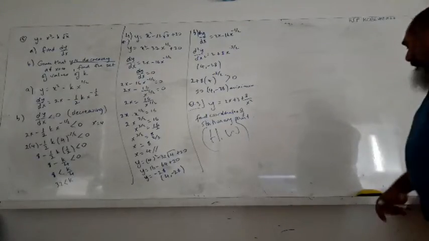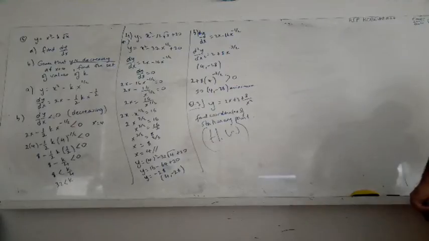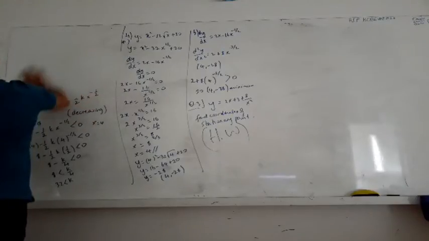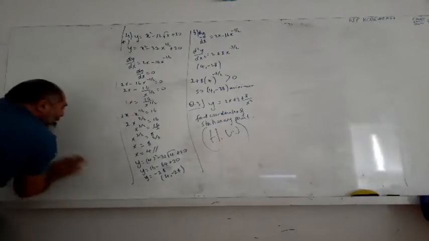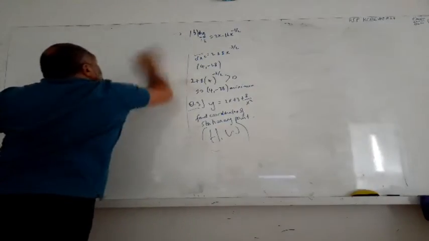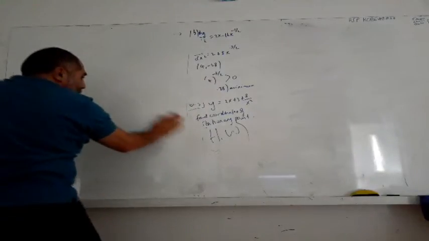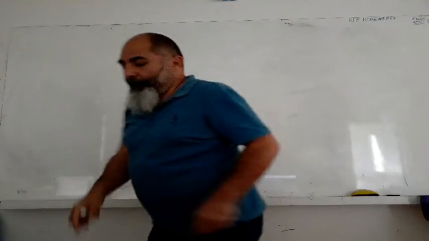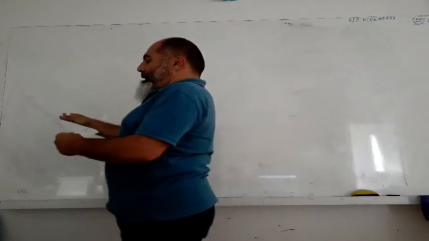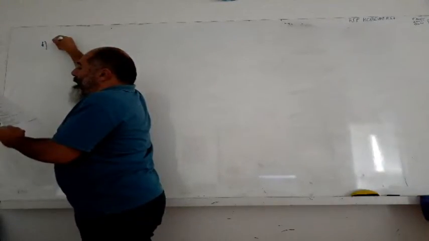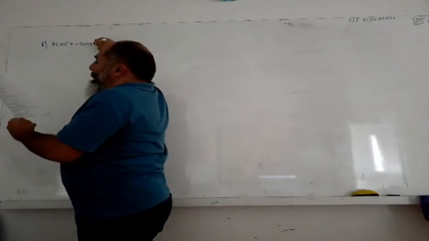Let's erase the board. Get ready for trigonometry questions. Question 6: 6 cos squared x minus sine x minus 4 is equal to 0.